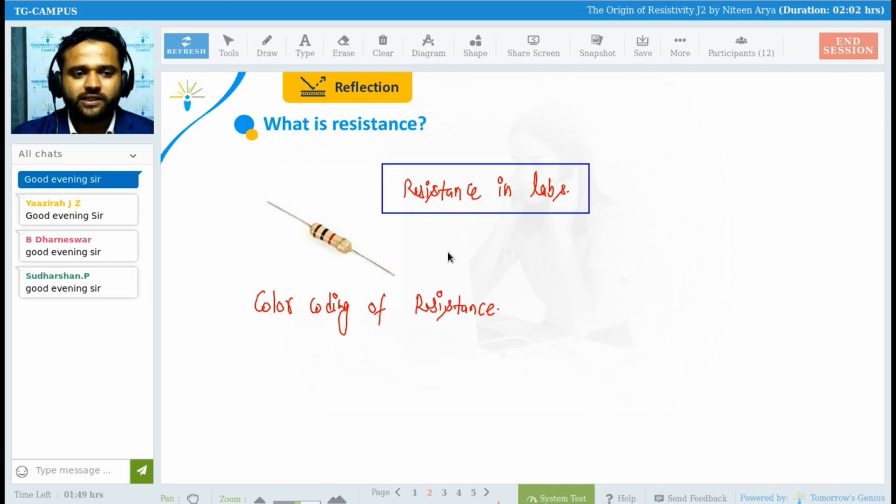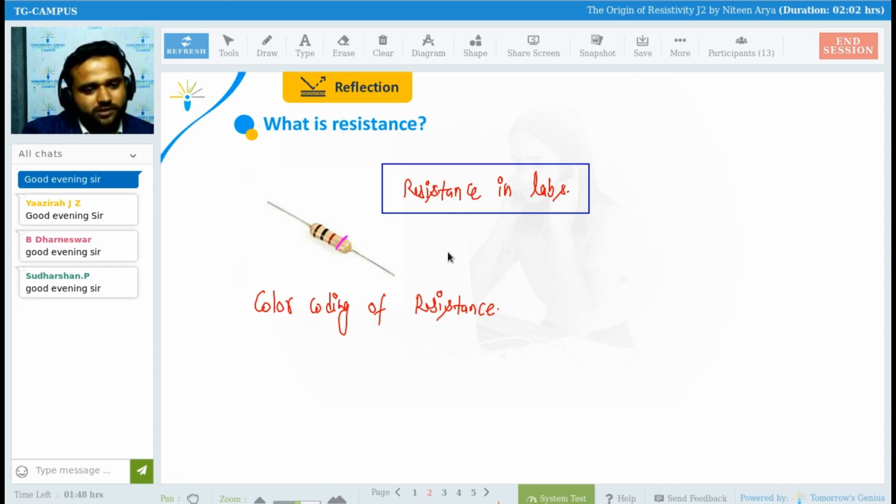The first one is for the first significant figure, the second for the second, the third for the power, and the fourth, which is not visible here, is gold. That is for tolerance. Tolerance means error in this. So on the color basis, we can say how much is the resistance of that small object, instrument or symbol.